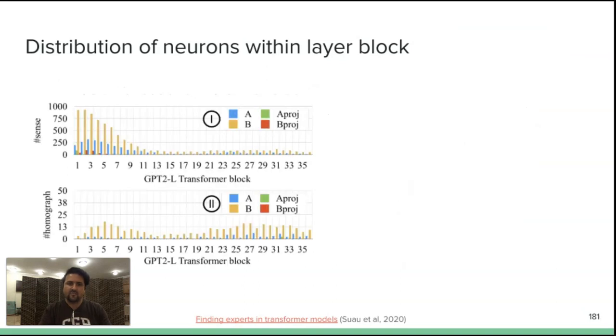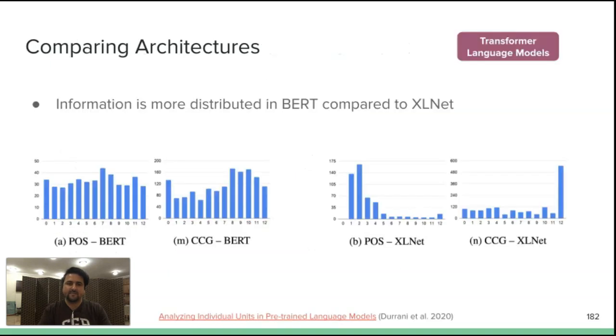And they found this to be consistently true across all layers of the GPT and Roberta model, where you can see that expanding layers are more prone to learning concepts as opposed to the projection layers. They also found that concepts that learn homographs are much more spread across the network as opposed to sense neurons that were predominantly found in the lower layers.